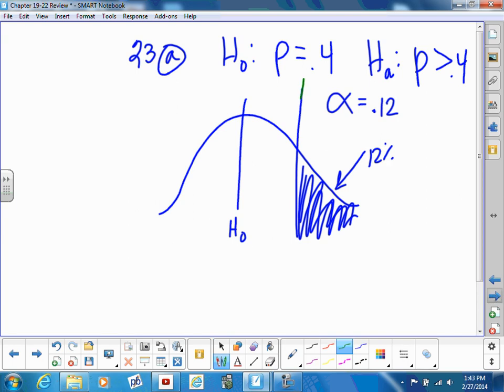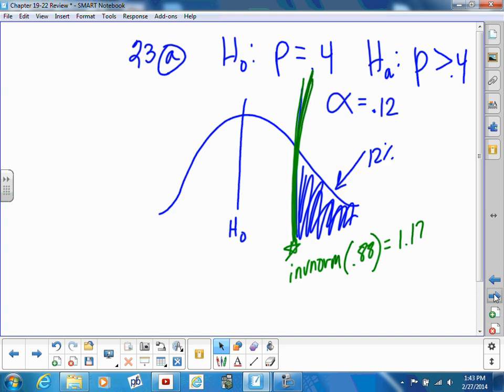That is, what is this spot here? Where is its location? How do you find a z-score? Inverse norm with what's below it. So if 12% is above it, then what's below it? I do that, and I get 1.17, something along those lines.